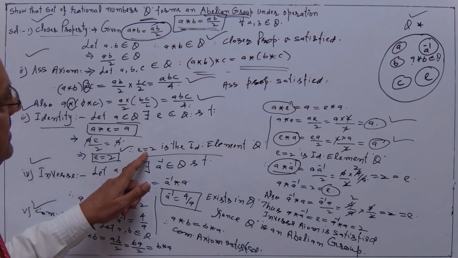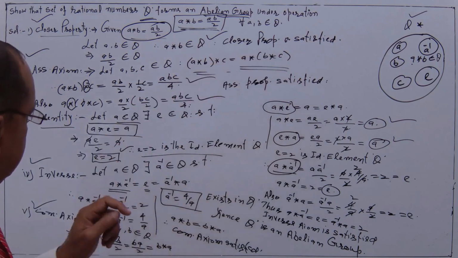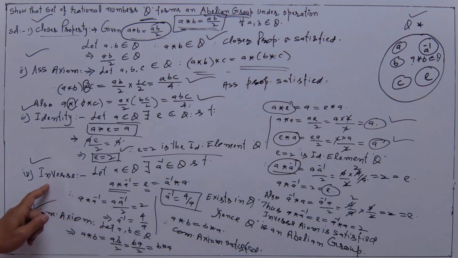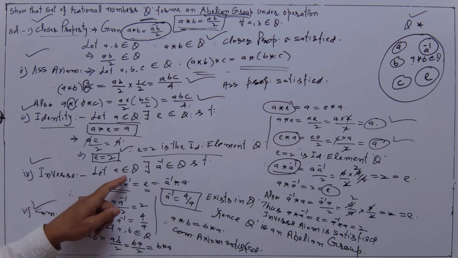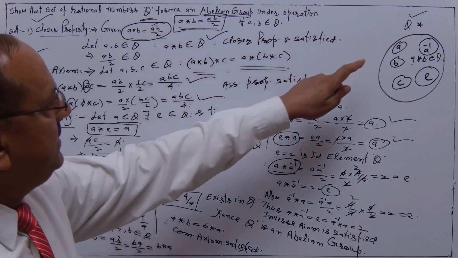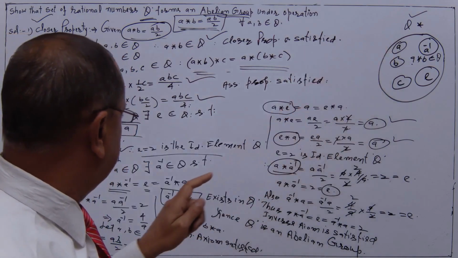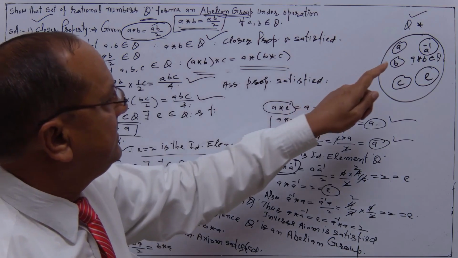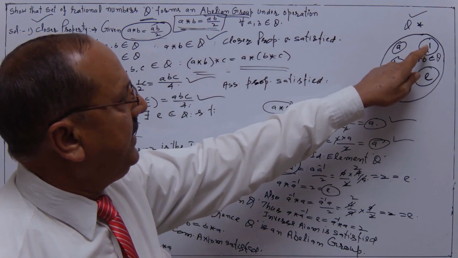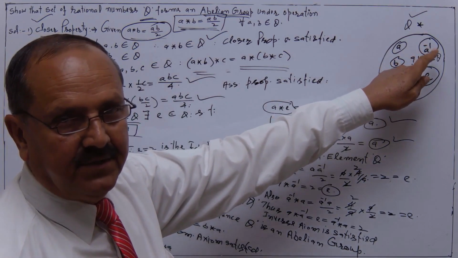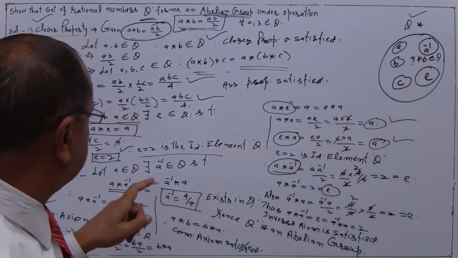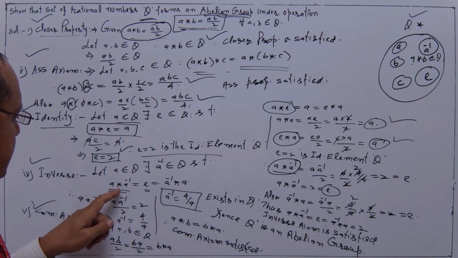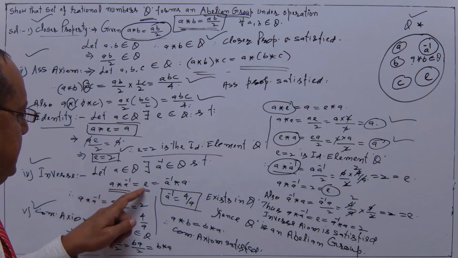of this rational number Q. Then the inverse: let this element a belong to Q, then there exists a inverse, another element of the same set, such that a star a inverse is equal to the identity element e.